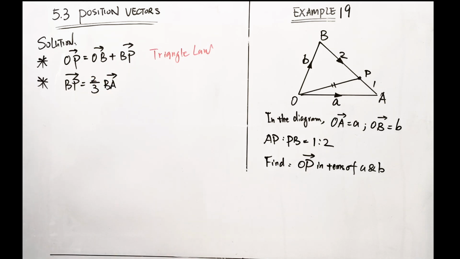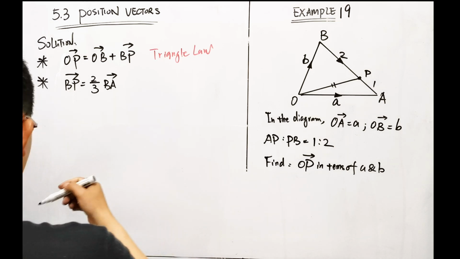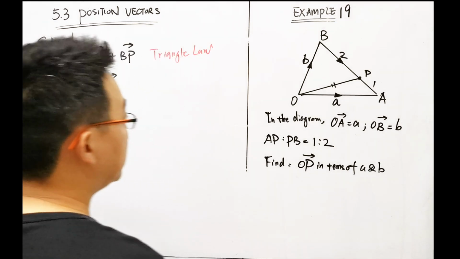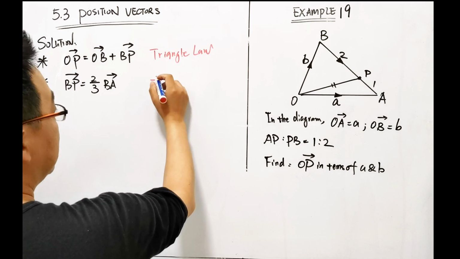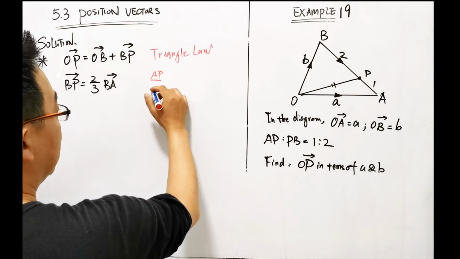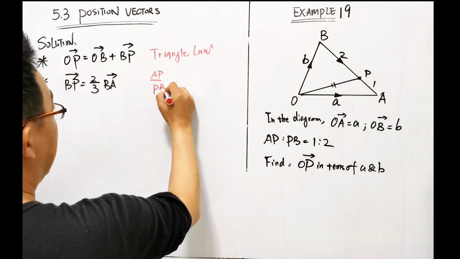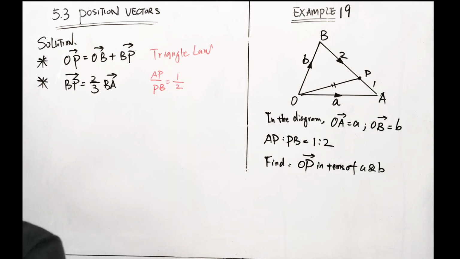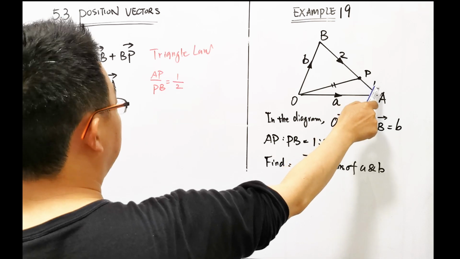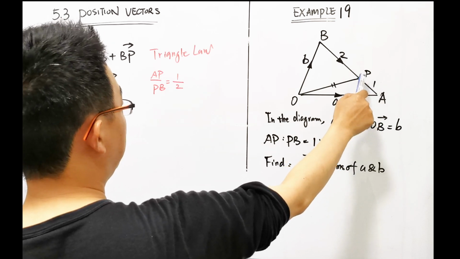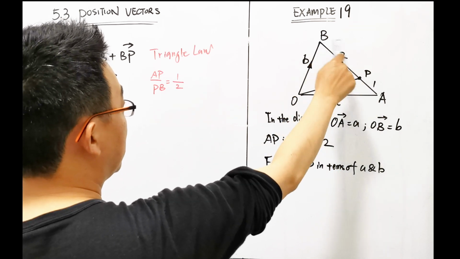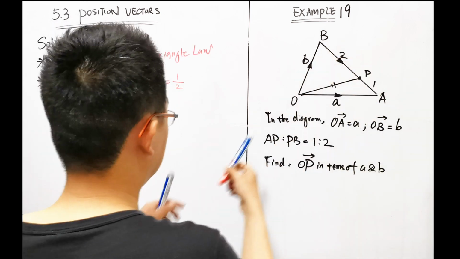Can we find that? The reason is that AP has length 1 and PB is 2, right? So in sum the total is 3, right?